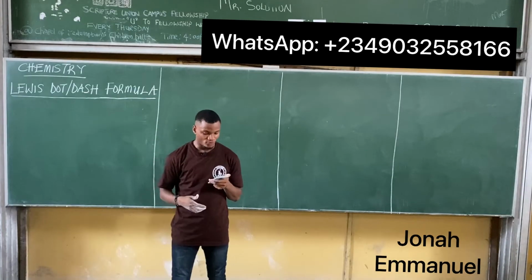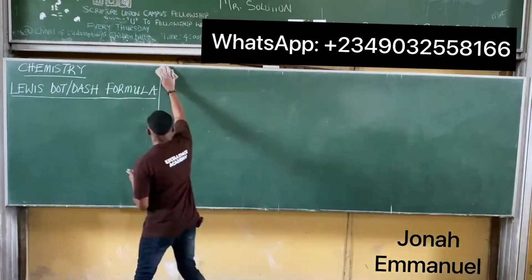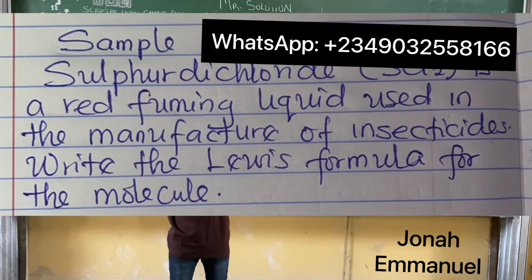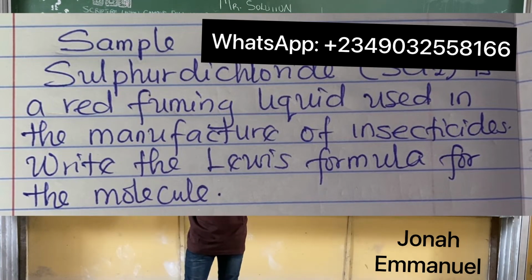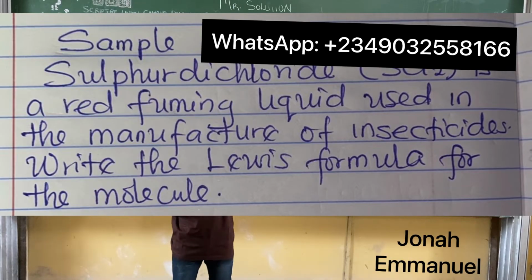Alright, let's take an example. Sulfur dichloride, SCl2, is a red fuming liquid used in the manufacture of insecticides. Write the Lewis formula for the molecule.